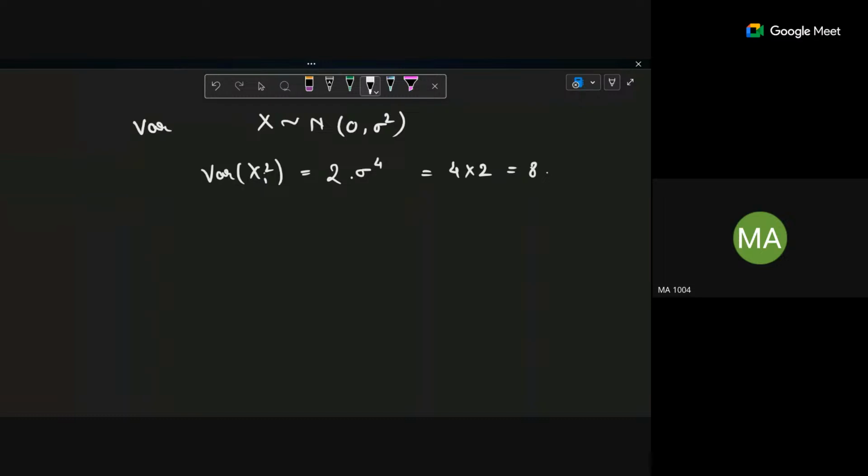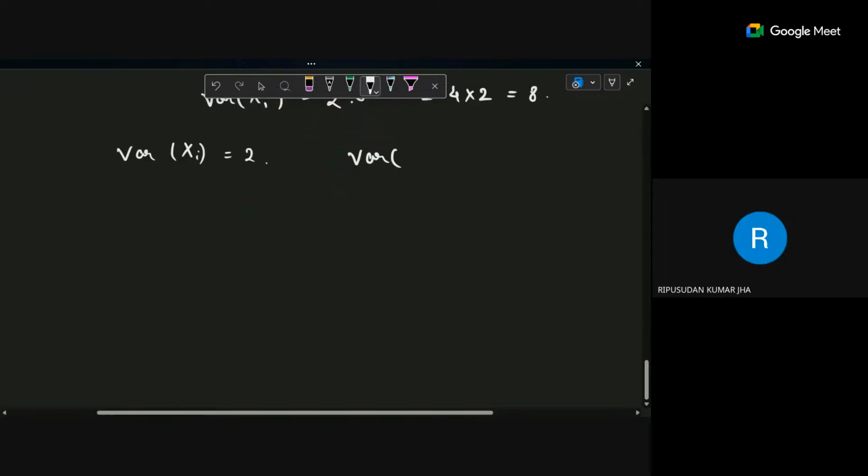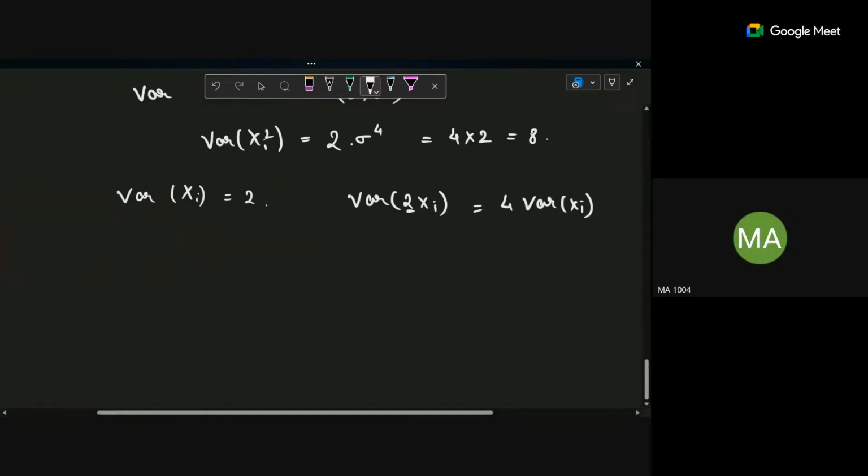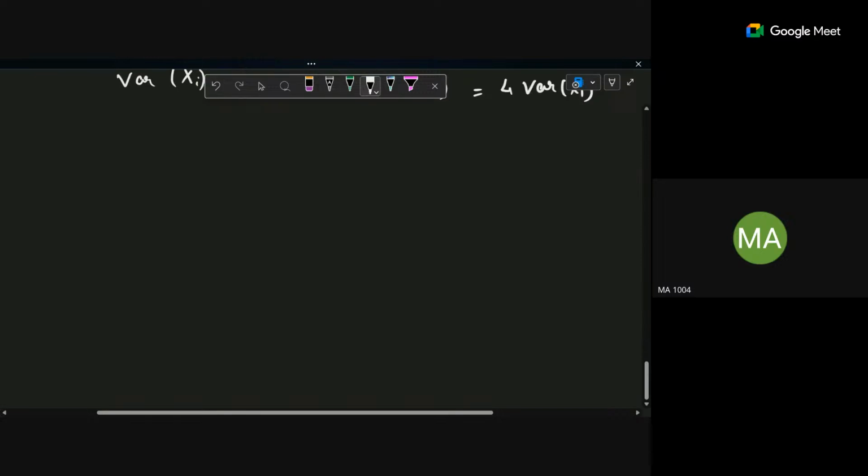But here we find the variance of x squared, not of any coefficient times x. If it was a constant, then you can just take it outside as 4 times the variance. That was my mistake. It was 2 sigma to the power 4.